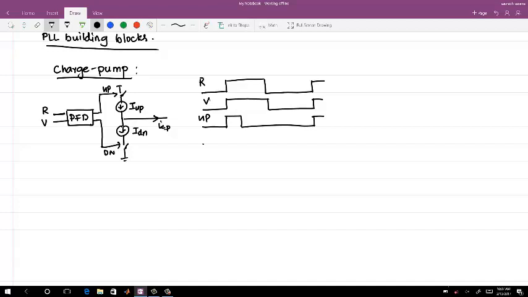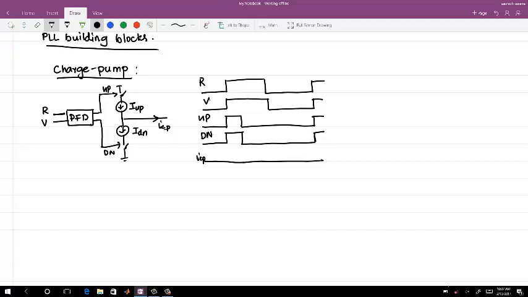There is some reset time which we need to have in order that any of the switches which we are using should become active. Down. And ideally if I up and I down are equal, then the I CP, the current going into the loop filter, is actually 0.